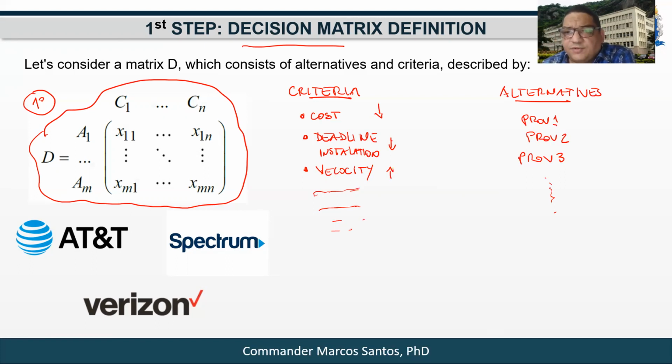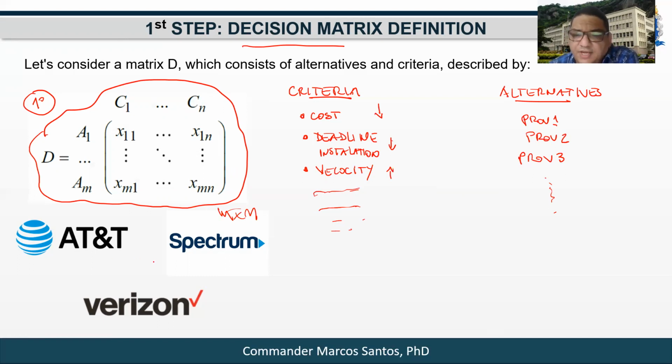Your decision matrix can be one matrix M by N. M and N can be any number, and you can have M rows and N columns. So let's work with 3 rows, 3 alternatives, and 3 criteria, 3 columns.